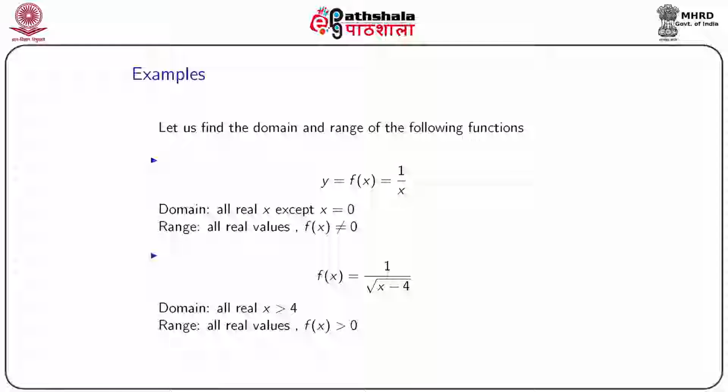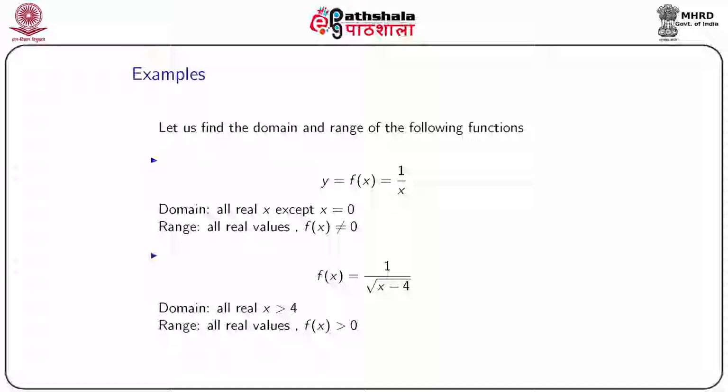So whenever I am talking about a real valued function, I need my square root element to be non-negative. To achieve this, I need the condition that x must be greater than 4. If x is greater than 4, that means square root of x minus 4 will result in a real value. So the domain will be all real x greater than 4.